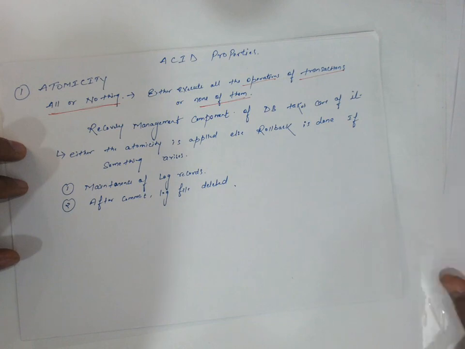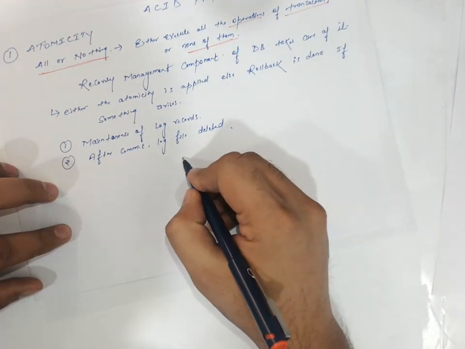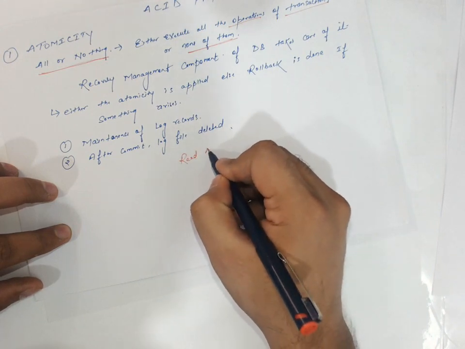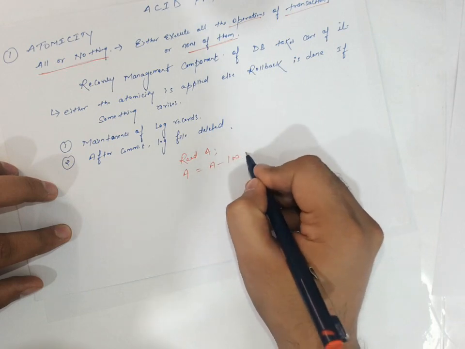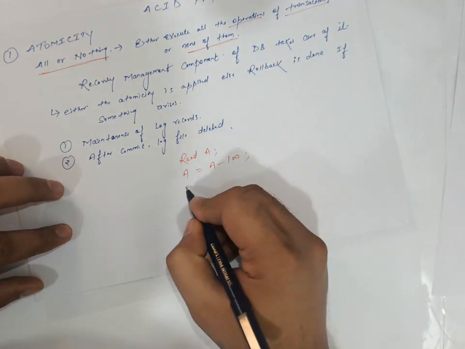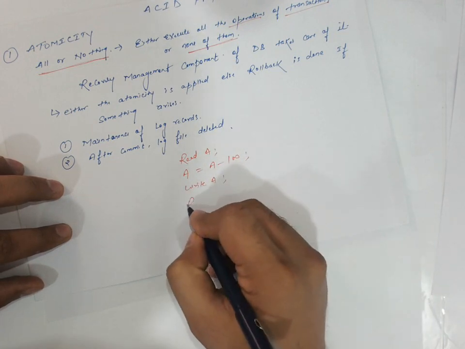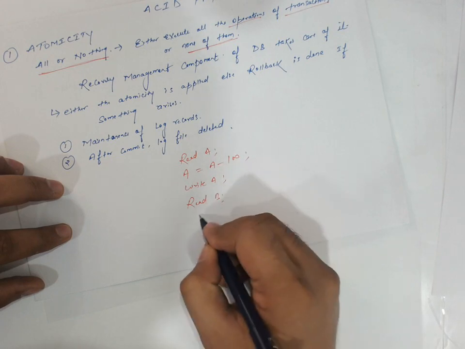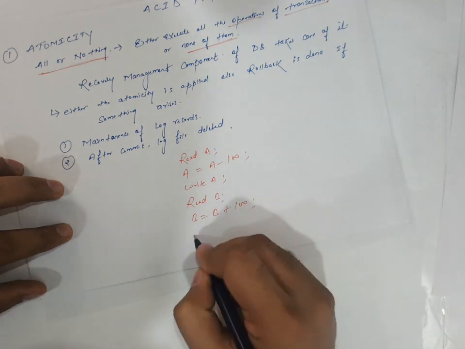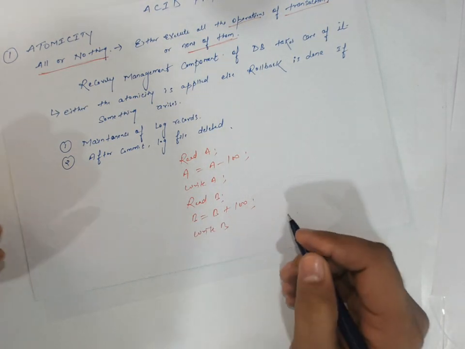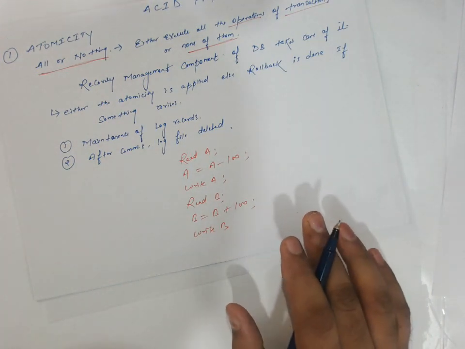I will tell you with the help of an example. Suppose you read the value of A, and you deduct 100 rupees from A, then you write it. Again you read the value of B, add that amount into B and write B. We have two accounts, A and B, each containing 1000 rupees.